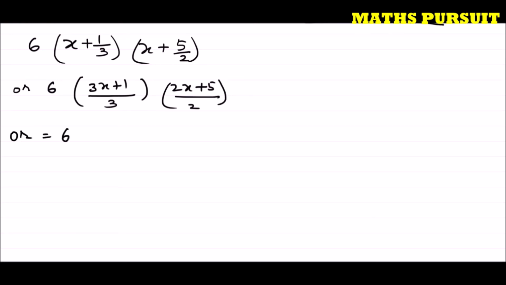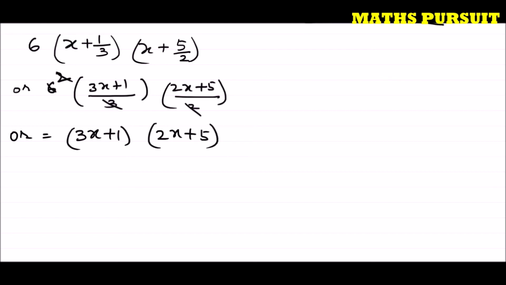That is equal to 6 into (3x plus 1) into (2x plus 5) over 3 times 2. This 3 twos are 6, and this 2 and this 2 cancel out. We are left with (3x plus 1) into (2x plus 5).